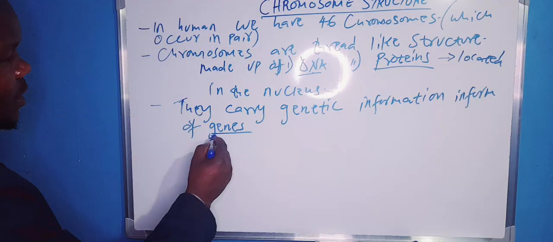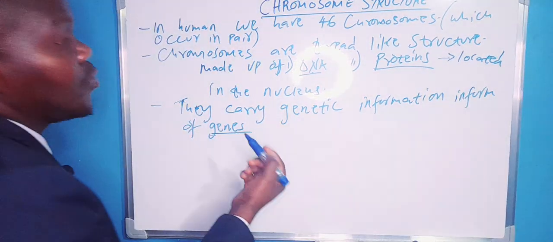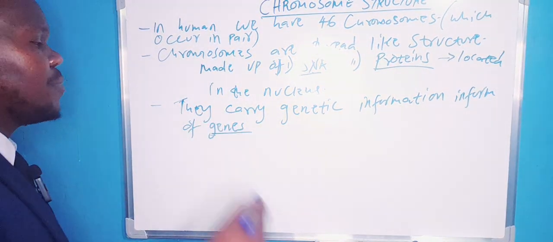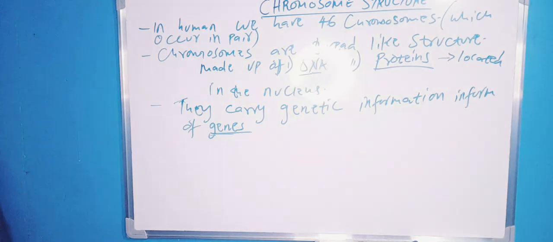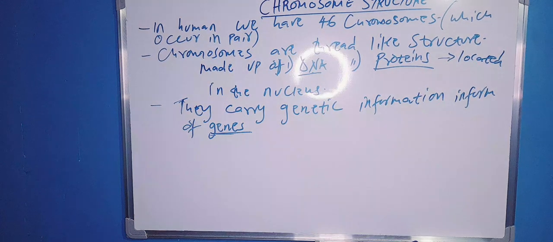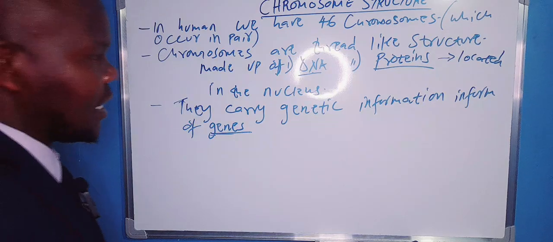So we are speaking about what? These chromosomes will be carrying genetic information, but they will be carrying the genetic information in form of genes. In form of what? Genes. Then these genes are the ones that will determine the organism's traits and characteristics.